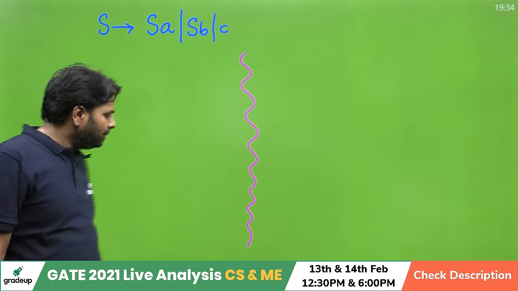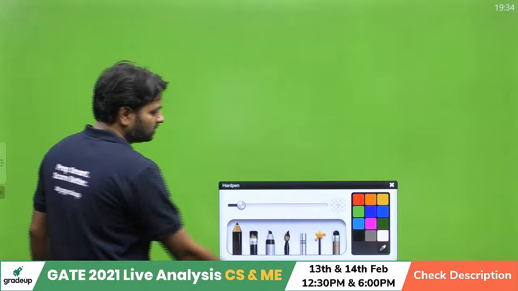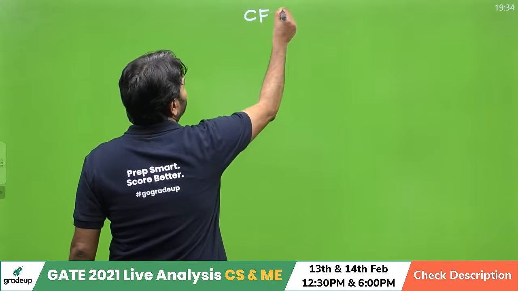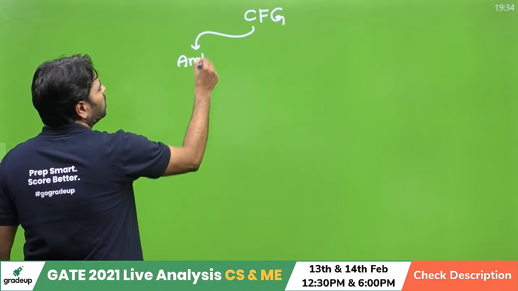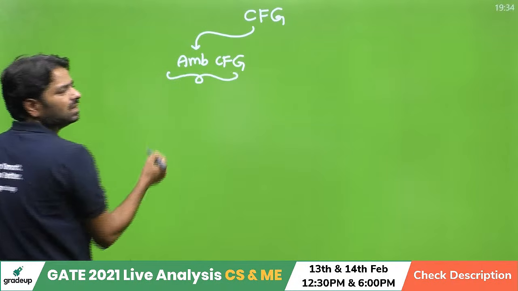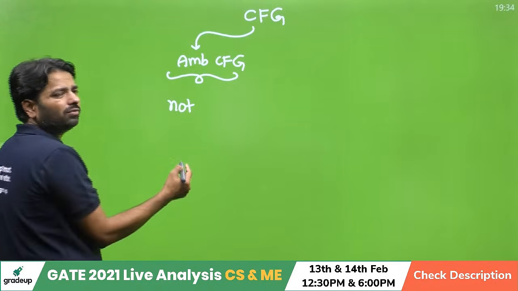Let me give you an algorithm first. Look at the CFG. In case you identify it as ambiguous, don't do anything, because ambiguous CFGs are not any type of grammar.